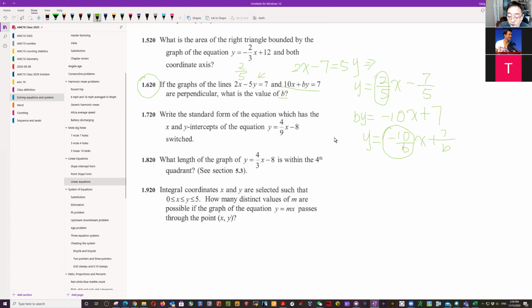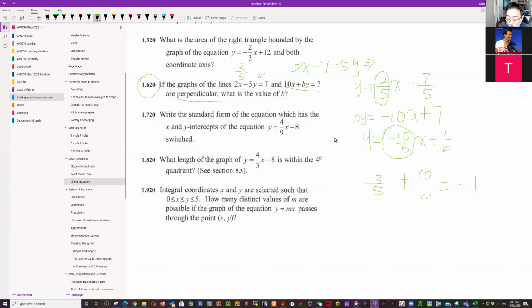For them to be perpendicular, their slopes are negative reciprocals. Basically, their product is -1. So 2/5 multiplied by negative 10 over b is equal to -1.